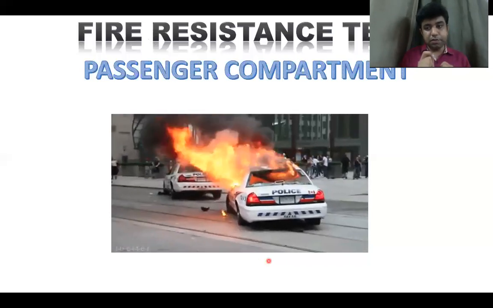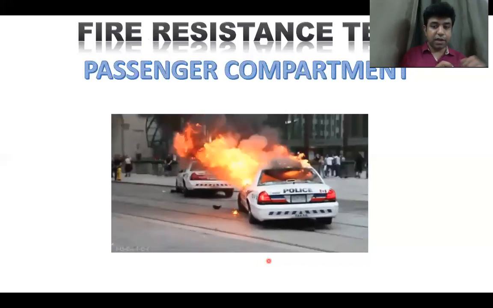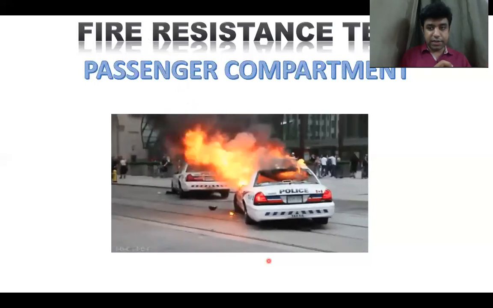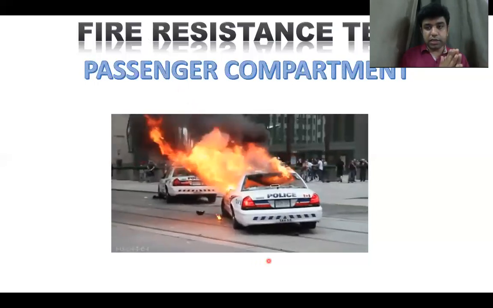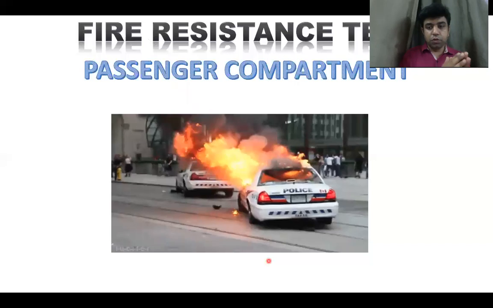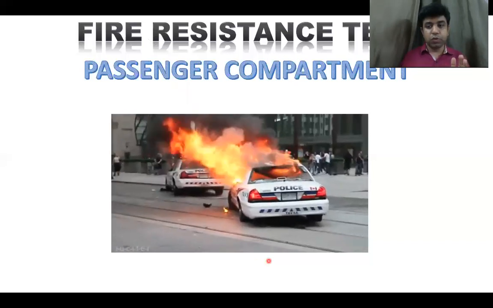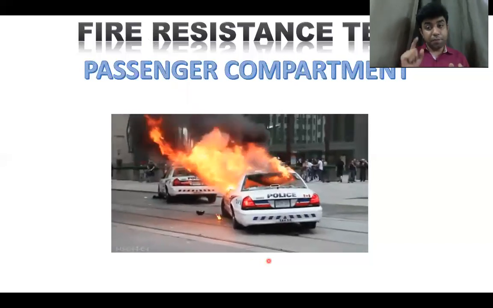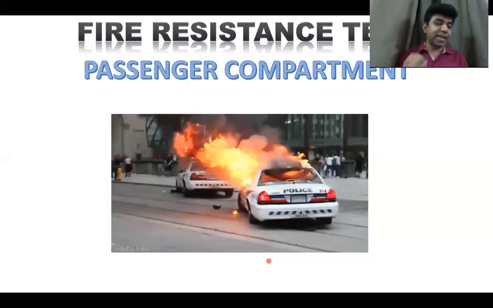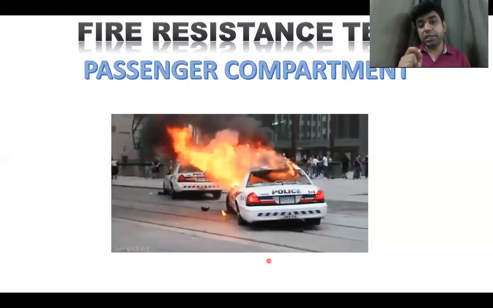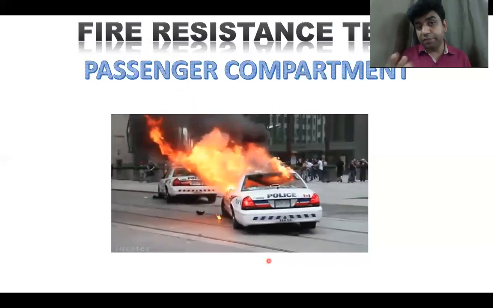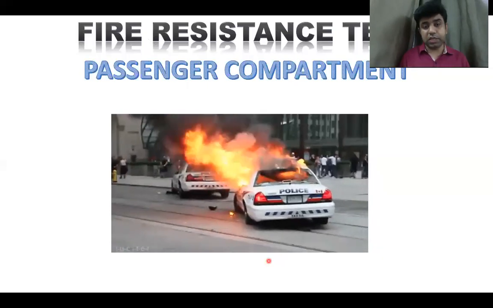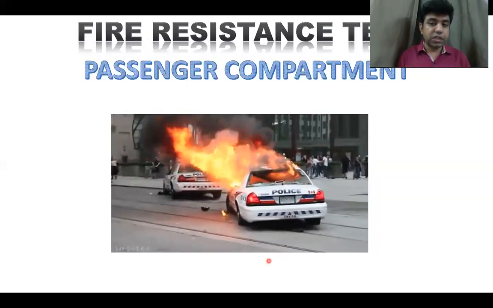Say for example, we will purposefully ignite the fire at the engine side area, right? Then we will evaluate how much time it takes for the fire smoke to reach the passenger part. From that data, we will get the idea that this much time will be there for the passenger to escape from the fire incident, right?